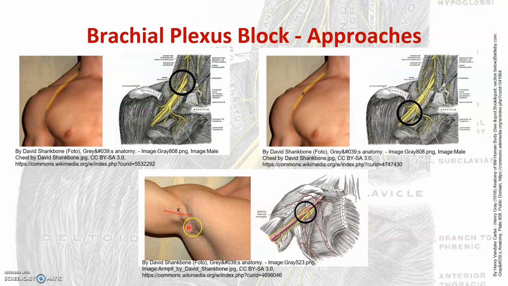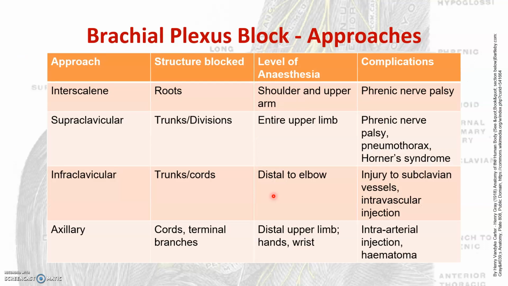And finally, the axillary approach, in which we are trying to get into the vascular fascia and inject around the axillary artery, where, as we said before, the cords are closely related to the axillary artery.